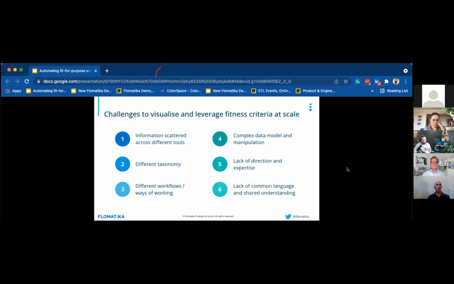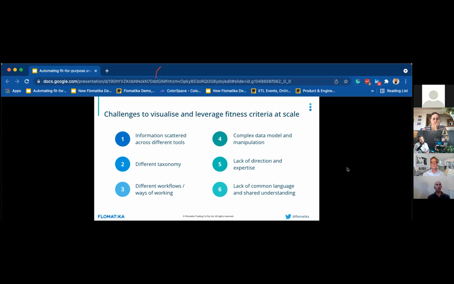And lastly, a lack of common language and shared understanding across different divisions. So I see Eduardo Brandão here, for instance. He's from ANZ, and we were talking with one area at ANZ, the payments area, just one area, and they had like 300 squads in one area.